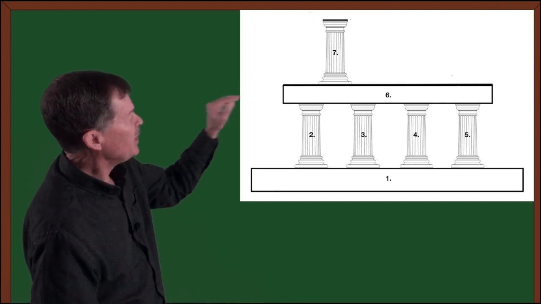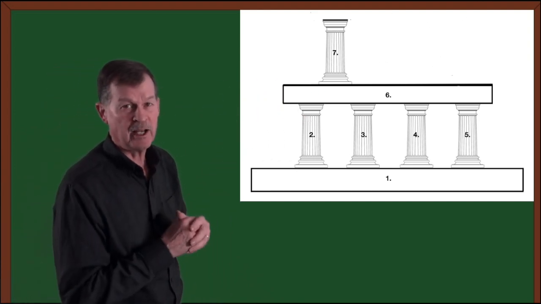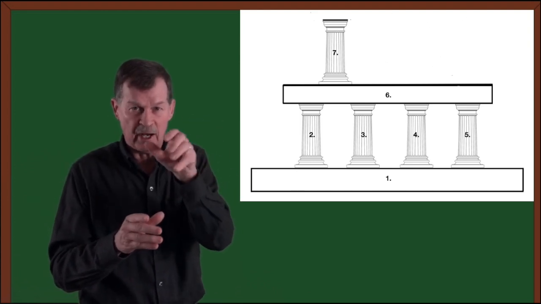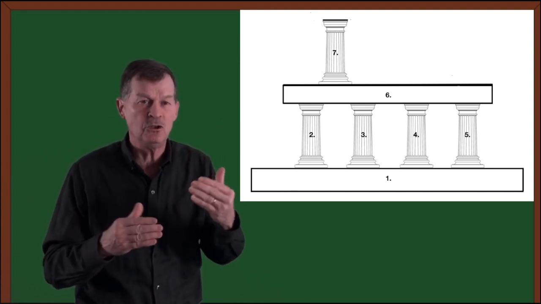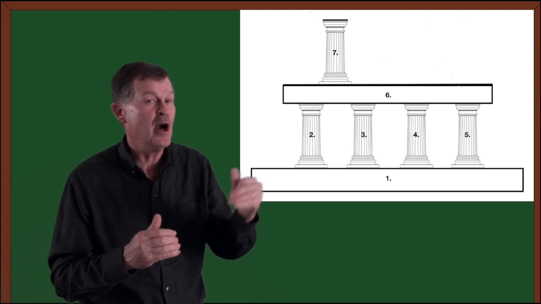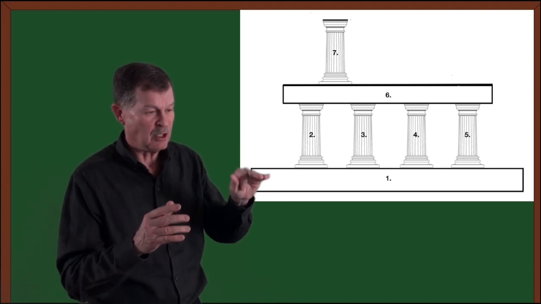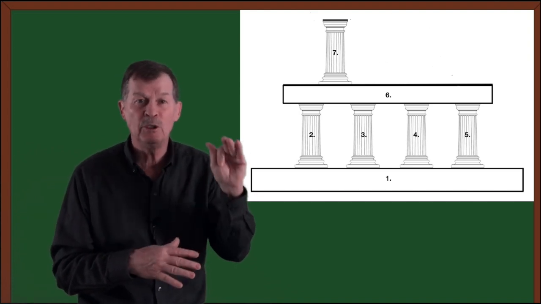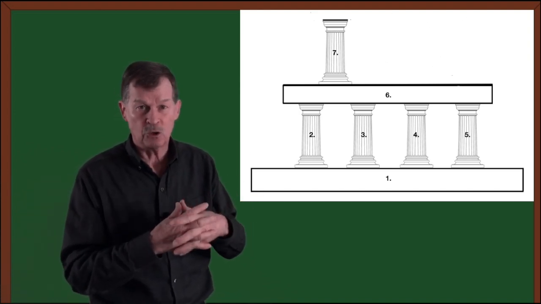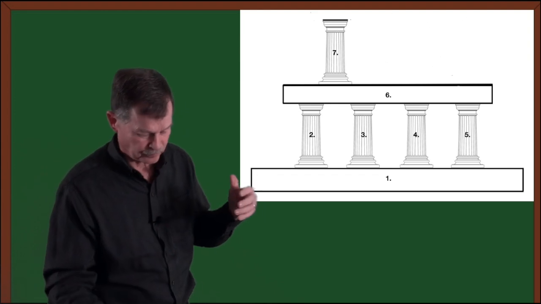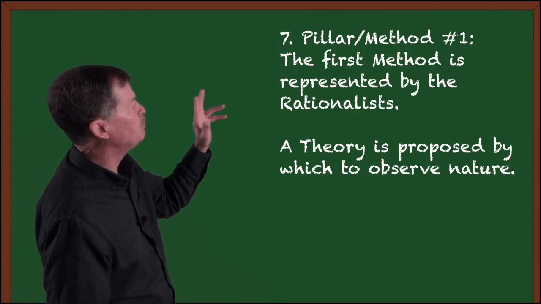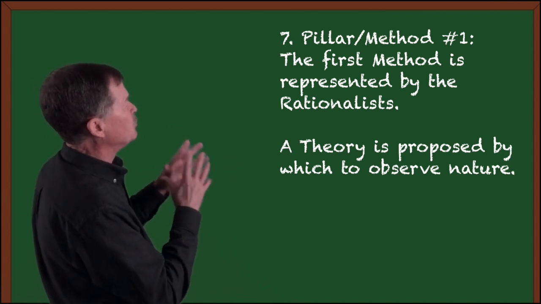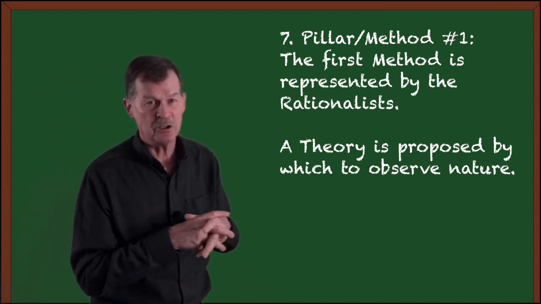Now, on that floor of Western natural philosophy, we're going to build the methods of how to get to reliable knowledge. We know where to get it from: human reason. But how do we apply human reason to the natural world? The first method is represented by the rationalists, or reason.